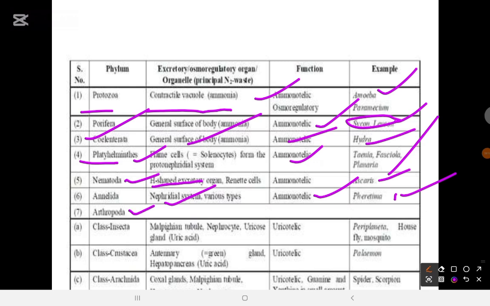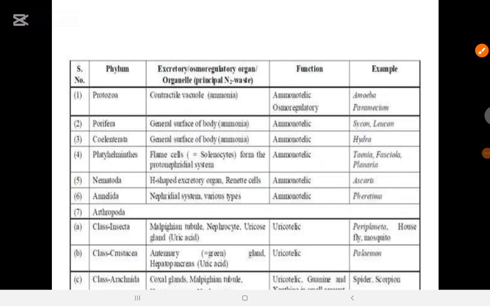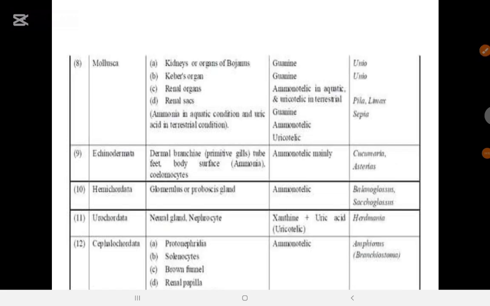There are various classes, so depending on the class, they use different excretory organs. The class insecta use Malpighian tubules, and they are uricotelic, that is, they excrete uric acid. Crustaceans use antennary gland. Arachnids, some use Malpighian tubules just like the insects, or coxal glands, and they are uricotelic also. So that's that. Then we have the mollusks.